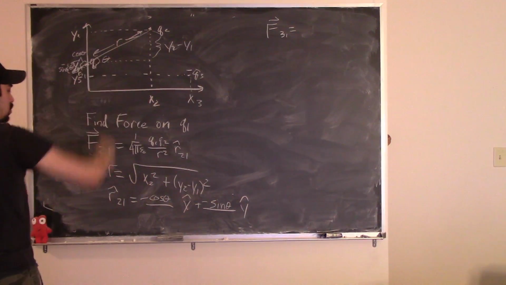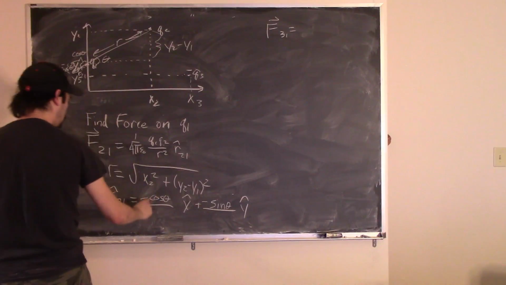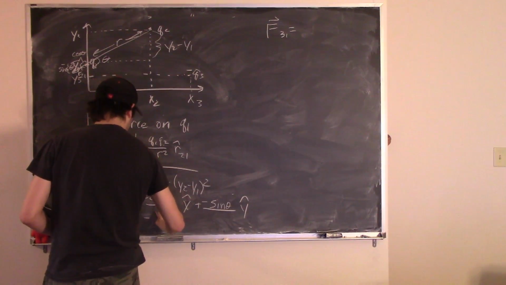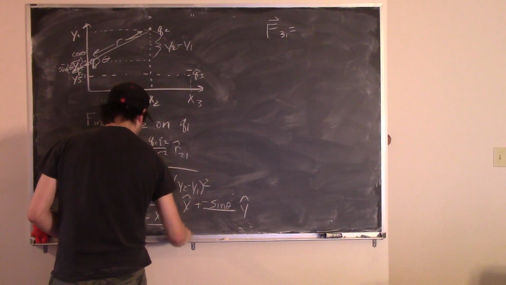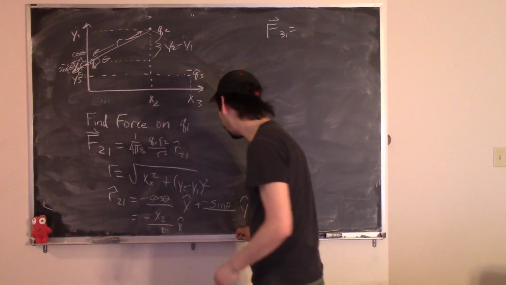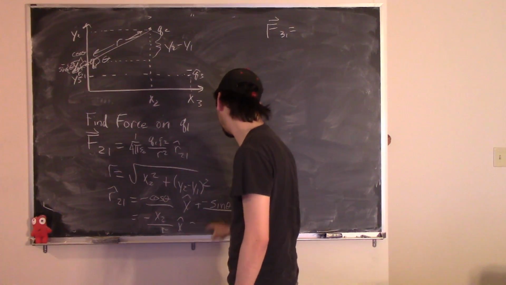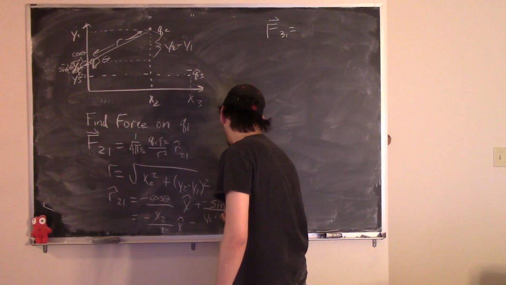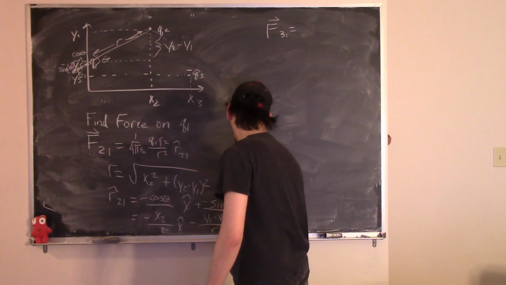And then based on the triangle that I have here, this is going to be minus x2 divided by r x hat, minus (y2 minus y1) divided by r y hat.